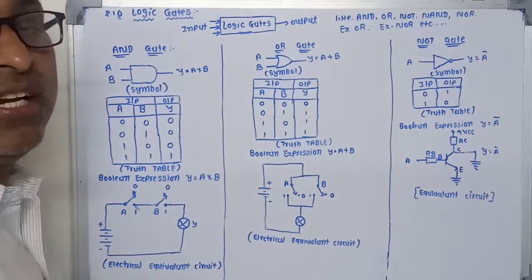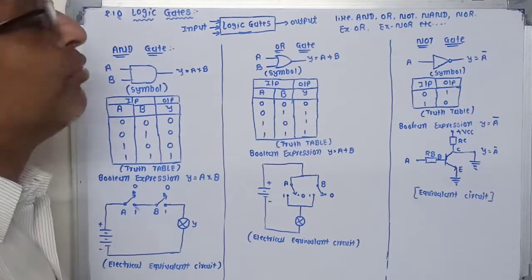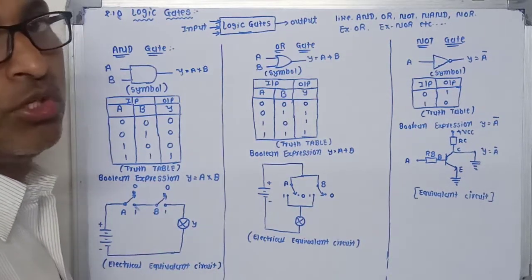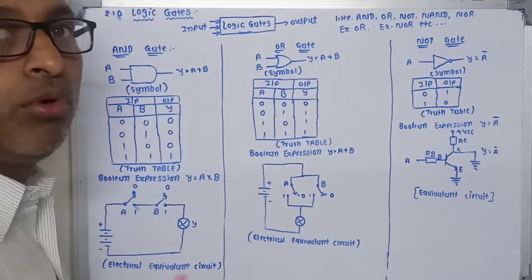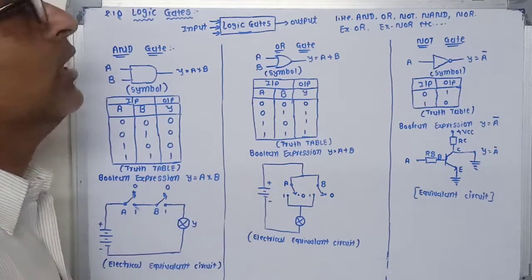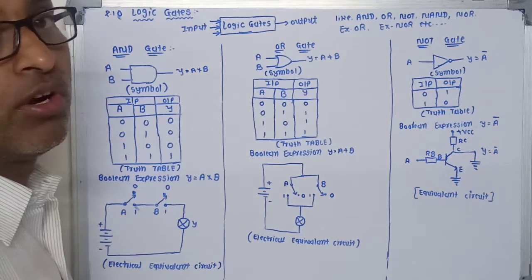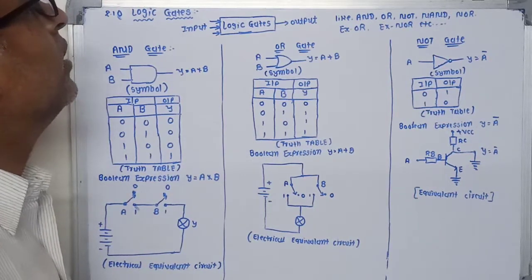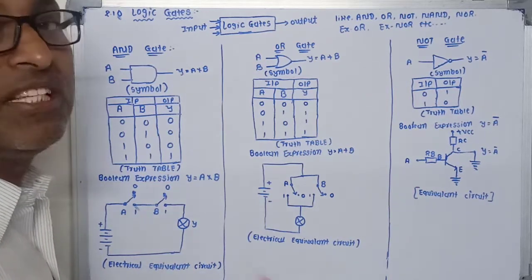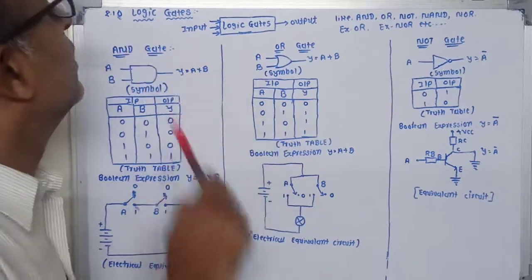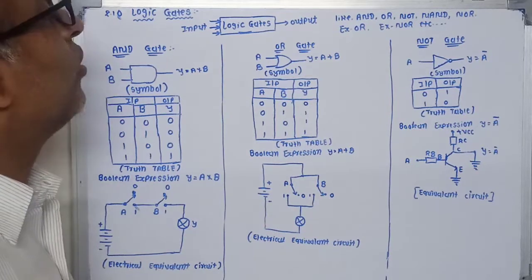Logic gates. A logic gate is a circuit that has one or more inputs and only one output. So it is most important. The output of a logic gate is logic 0 or logic 1, and it depends on the levels given to the inputs of the gate. When specific inputs are given to the logic gate, it gives the output in the form of logic 1 or logic 0.